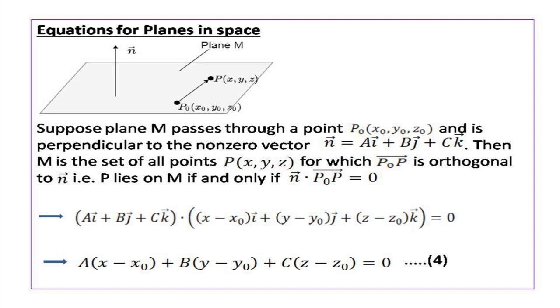From the figure, we can see P of x, y, z is a point on the plane. So, vector P0P is a vector lying on the plane and vector n is perpendicular to the plane. So, these two vectors must be orthogonal to each other. So, dot product equal to 0.